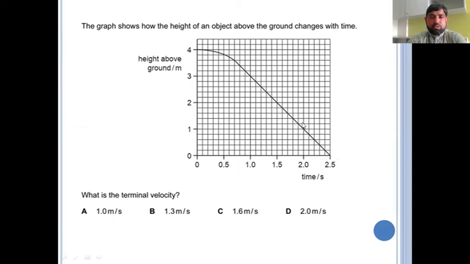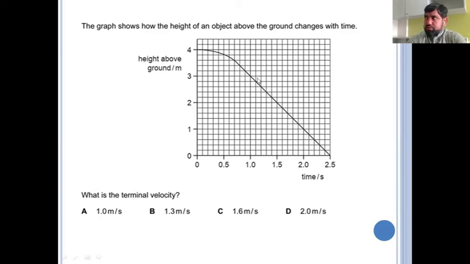Sorry, that doesn't show constant deceleration. That shows speed is constant. So that shows terminal velocity. Terminal velocity is where speed is constant and acceleration is zero. So the straight inclined line will be showing it.